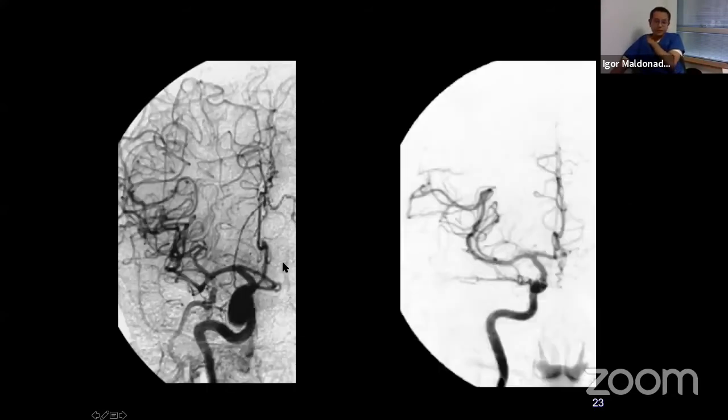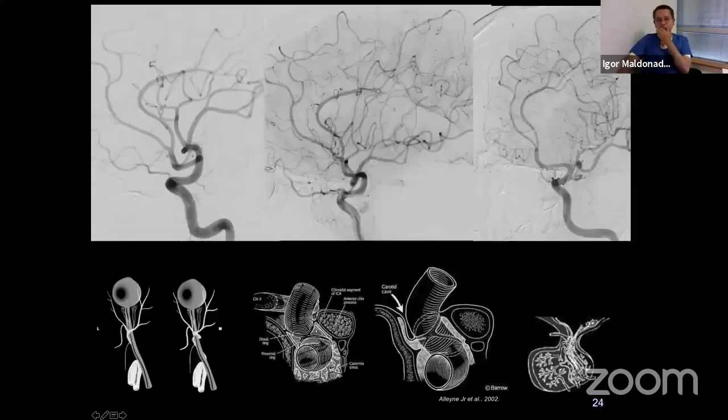But when you take a look at the AP view, it becomes really easy, because you see that the marginal tentorial branch, also known as the artery of Bernasconi and Cassinari, draws for us the free border of the tentorium, as you see here, which will never be the case for the basal tentorial branch.